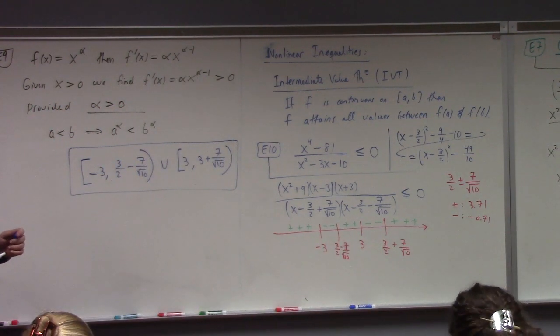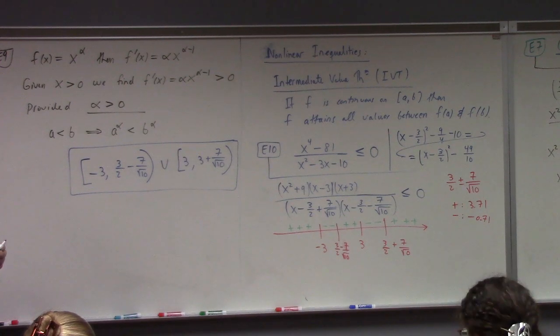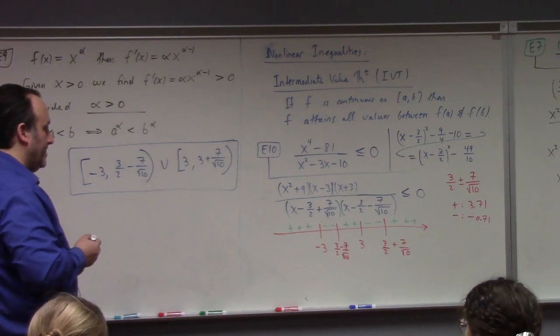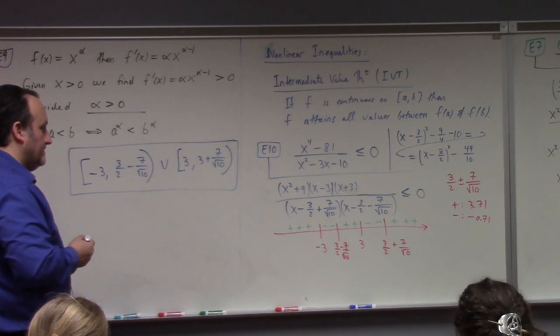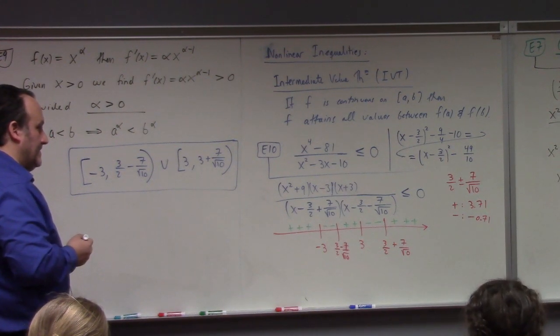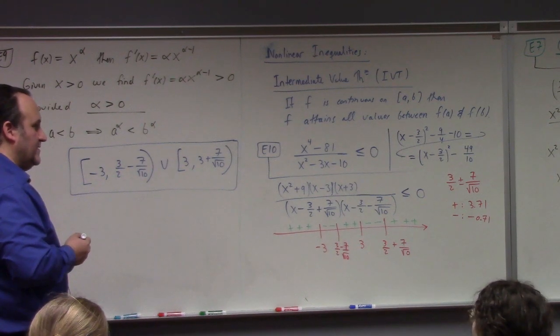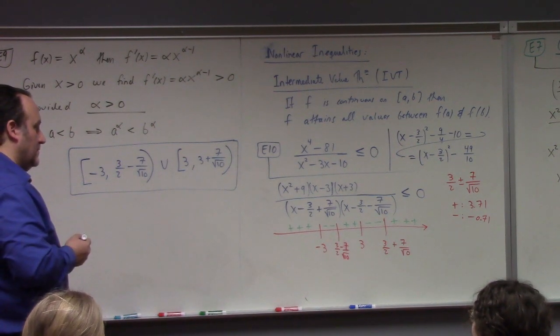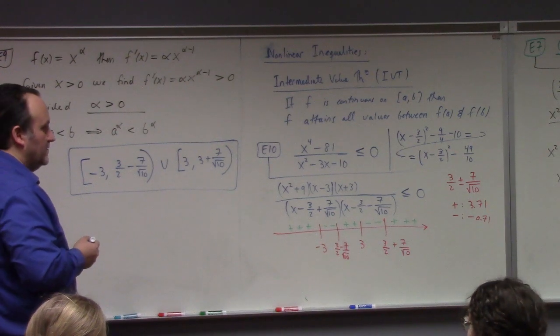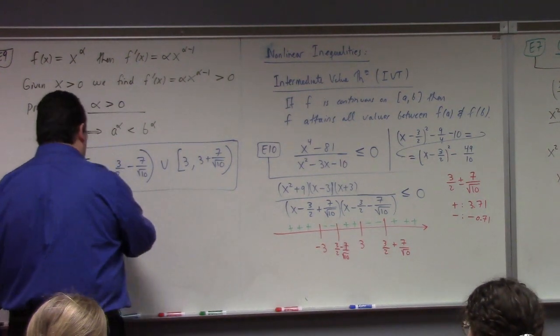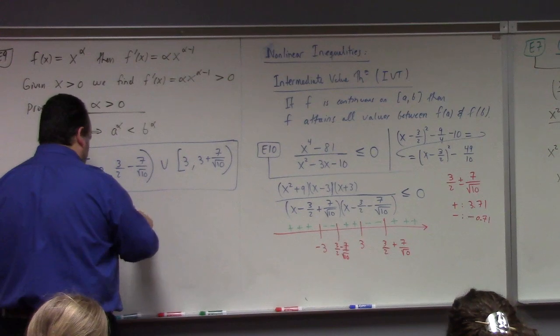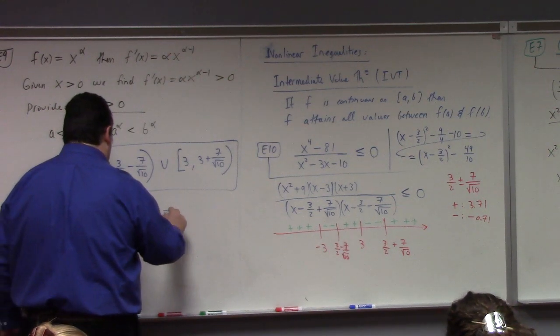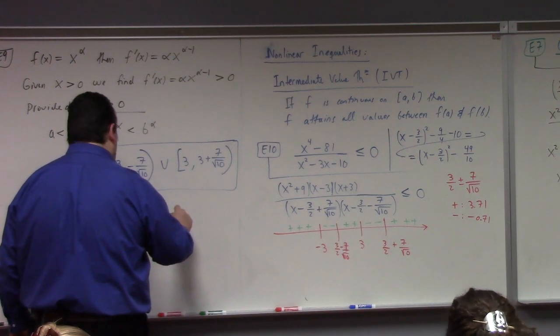Yep. Did you factor the bottom right? I hope so. Wouldn't it just be x minus 5 times x plus 2? That does seem right. Oh man. X minus, let me. Huh.